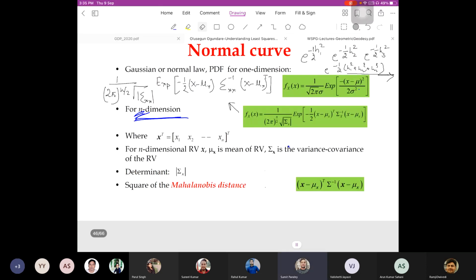Yes, sir, it is audible. Okay, due to some network issue, it got disconnected.